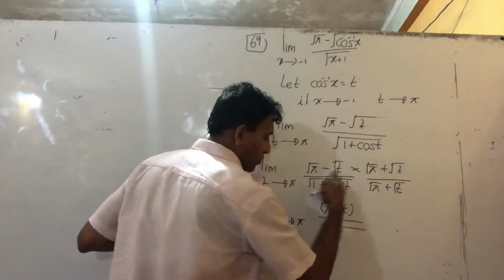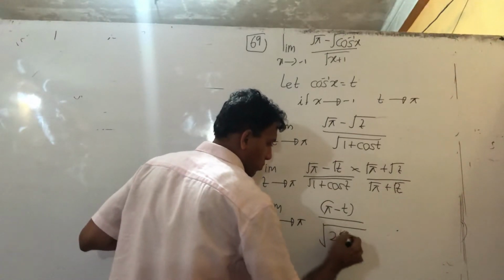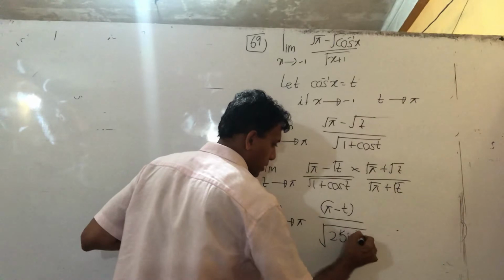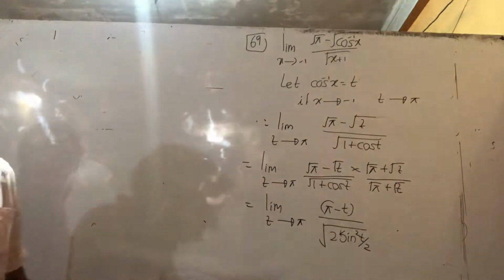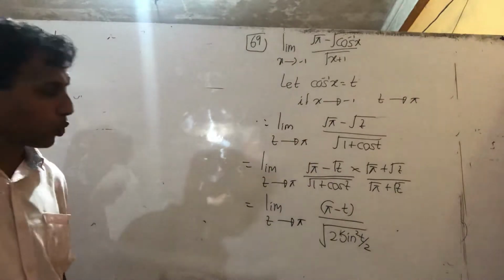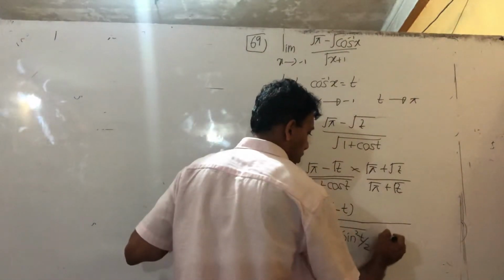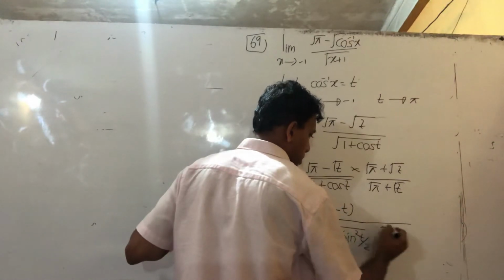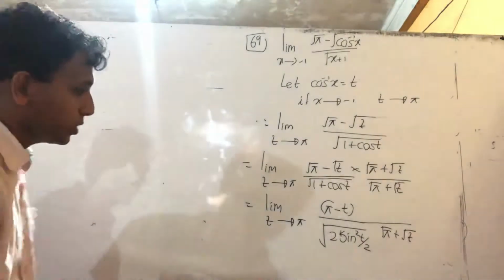They are very useful. We change that to 2 sine square, what is that? T by 2, okay. Cos 2 theta, 1 minus 2 sine square theta, that form, right? Over square root of pi plus square root of t. Okay, important question.